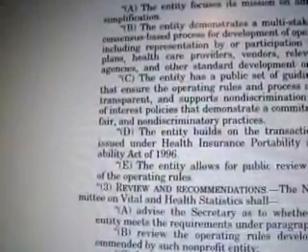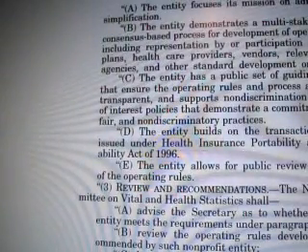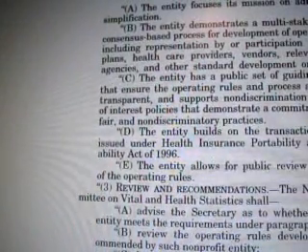Scratch that. The National Committee on Vital and Health Statistics shall determine whether this nonprofit entity is good enough to set up all these rules for the health insurance companies and for the healthcare providers. Okay? And they'll advise the Secretary and say, hey, this entity meets with all of our requirements.